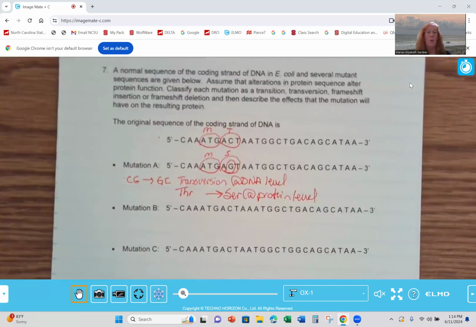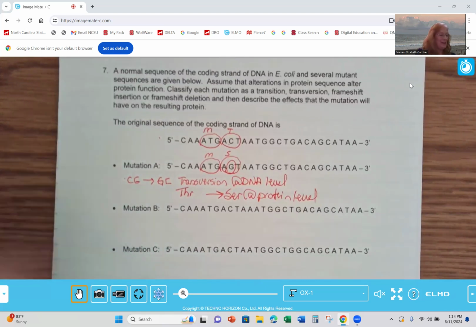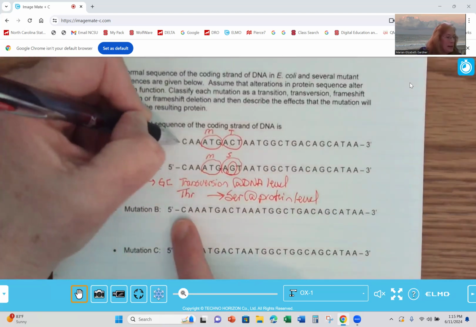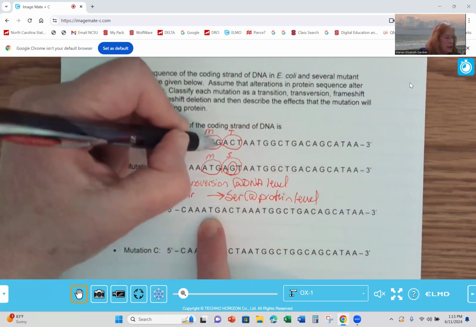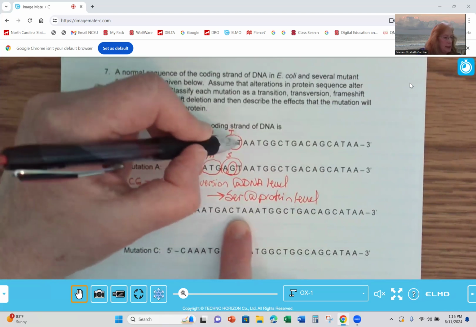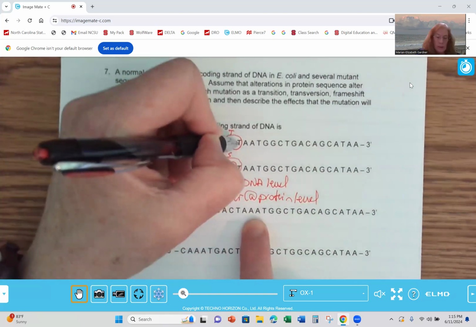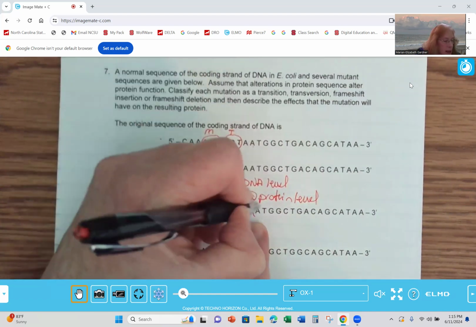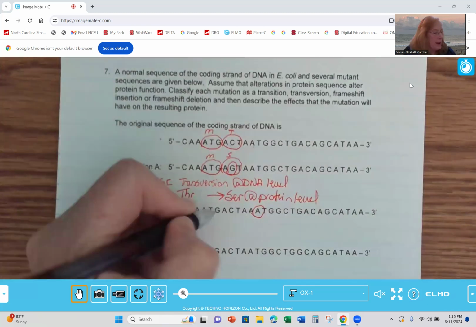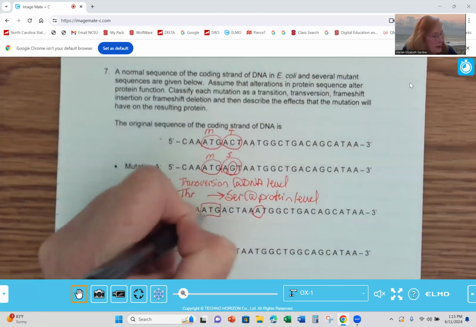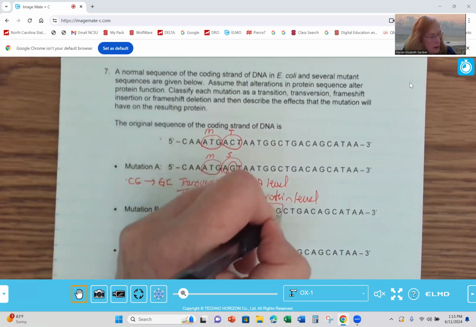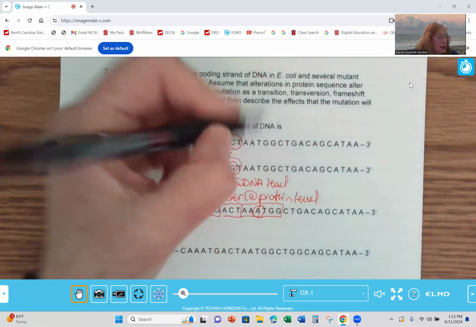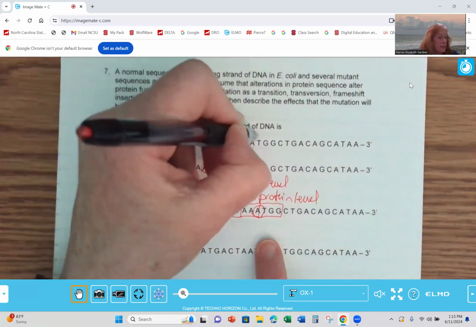Okay, one down. Now let's see what we can do with number B. C, three A's, ATG, ACT, three A's. Huh, three A's, two A's. Got an extra A. So this looks like it's an insertion, doesn't it?